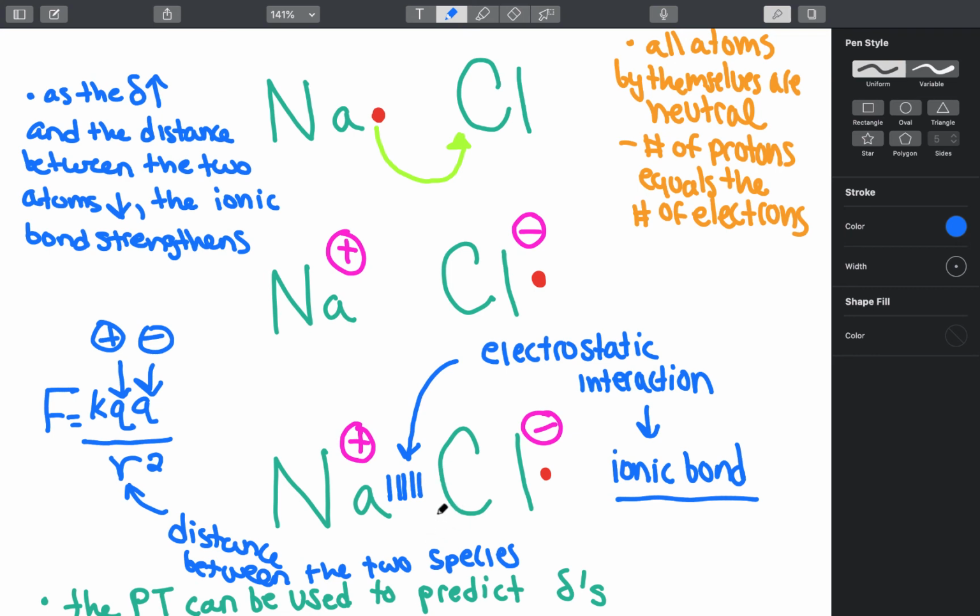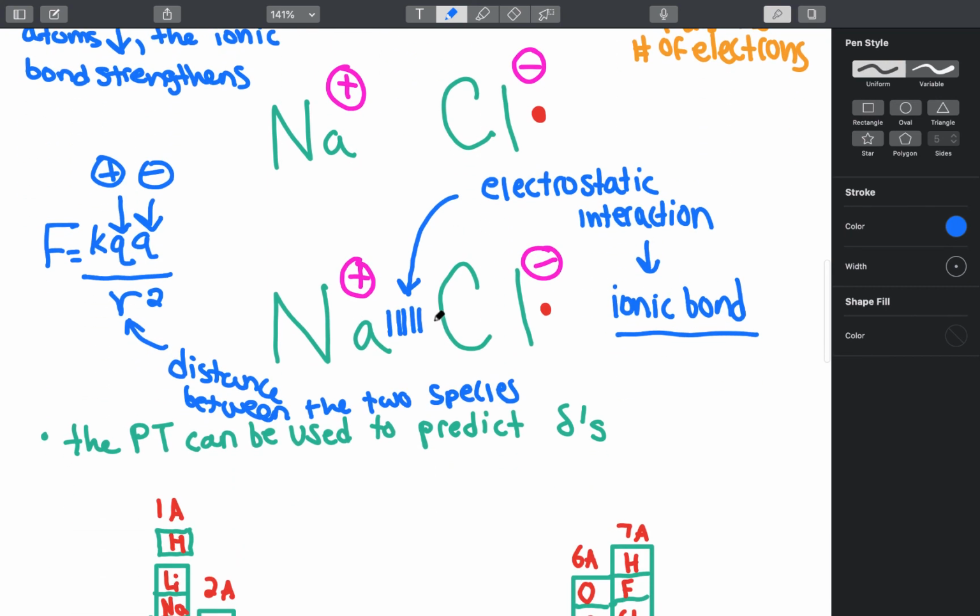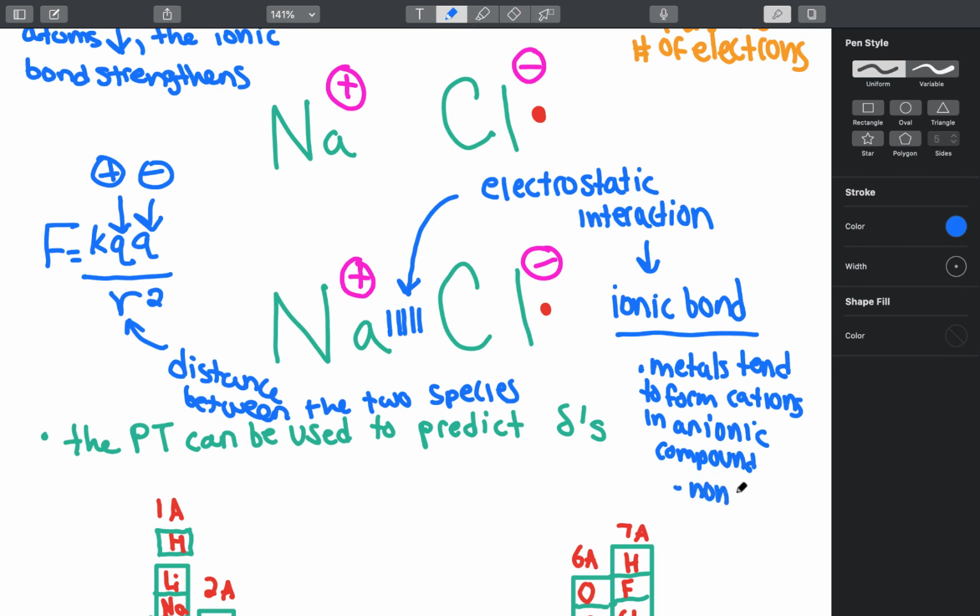But for the meantime, all you really need to know is that metals tend to form cations in an ionic compound, and nonmetals form anions in an ionic compound. Okay, so that's all you need to know for right now.